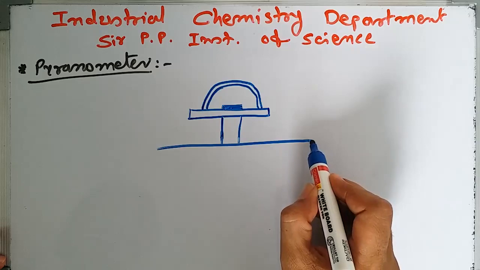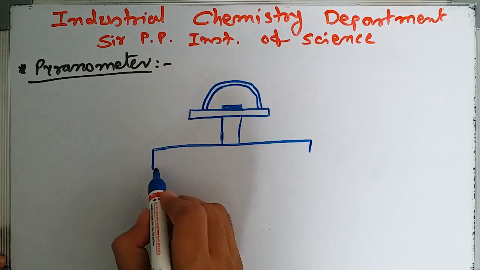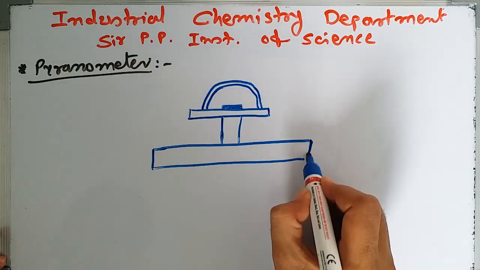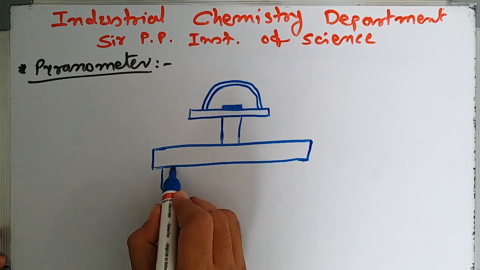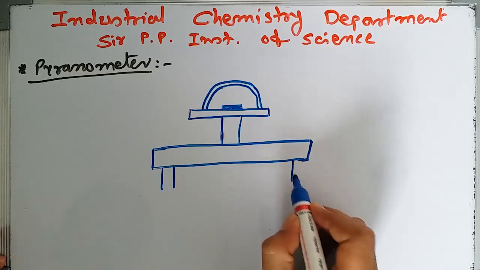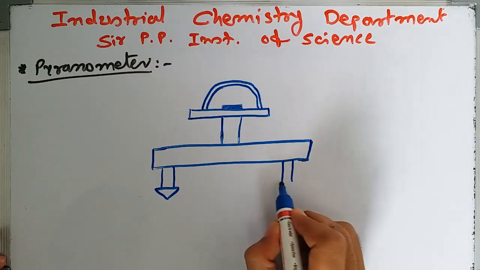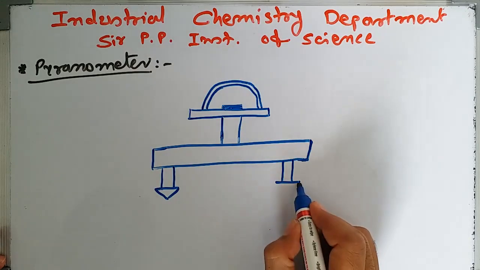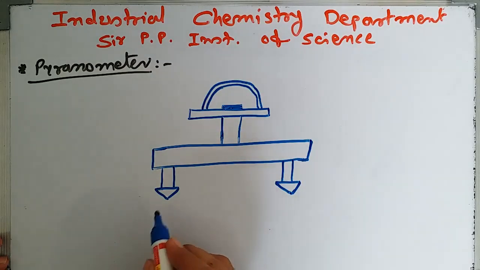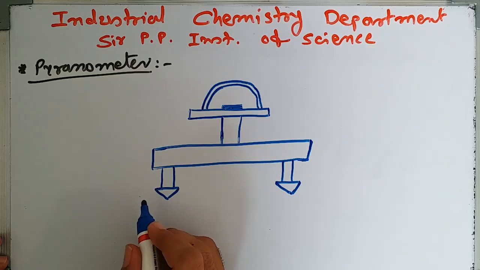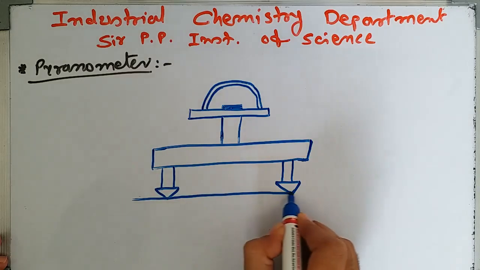This is the top plate. This is the leveling screw. When the whole figure is complete, we give names to the different parts.